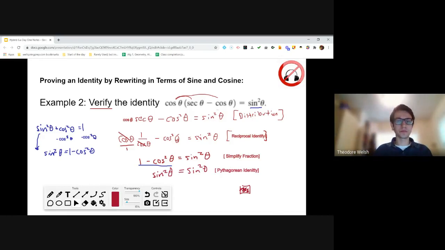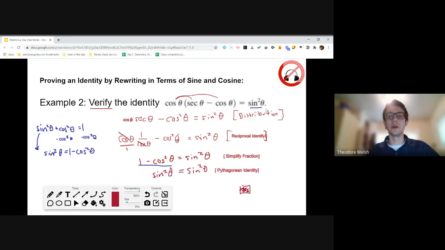Okay. There isn't necessarily always one method or one way to go about proving or verifying identities, just like there isn't always one method to simplifying. You could start by using that reciprocal identity first and then distributing, so you could easily flip those first two steps. Or there are other ways you could go about this, potentially working with sine squared.